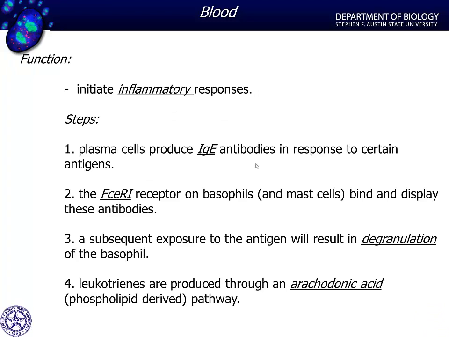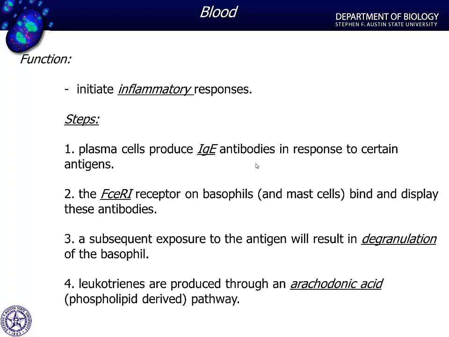Now, the mast cells, these are what we call basophils as they leave the circulation. So these mast cells now are going to initiate largely our inflammatory responses, and this happens often because of IgE antibodies.